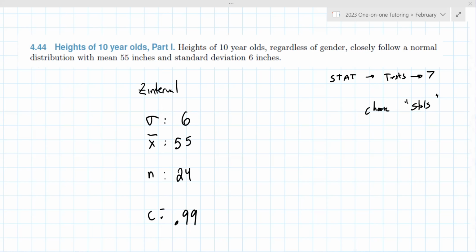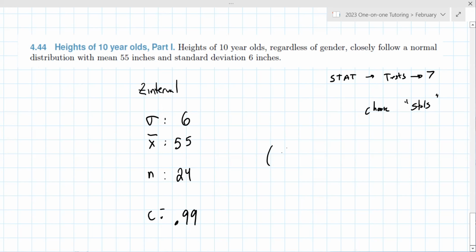All right, so go ahead and calculate this for us, please. Let me know what you get when you're done.